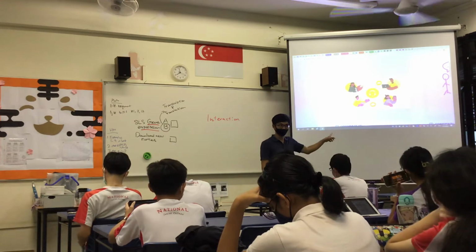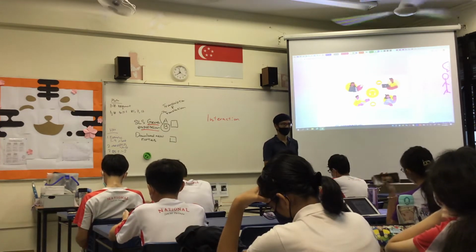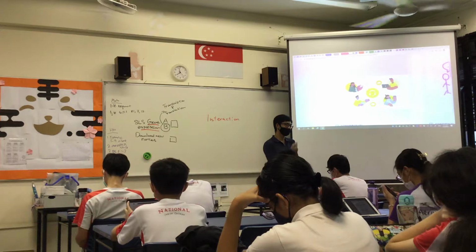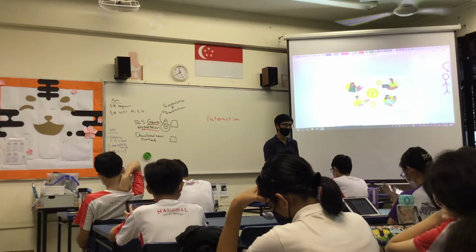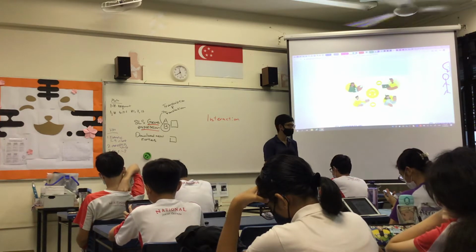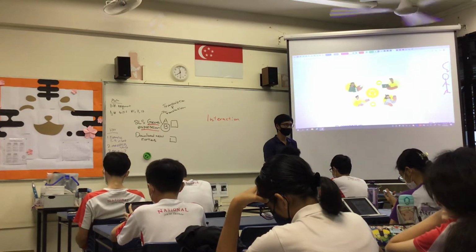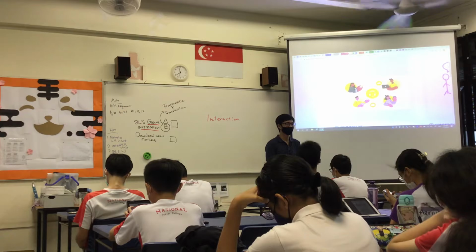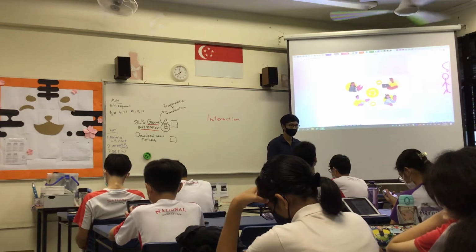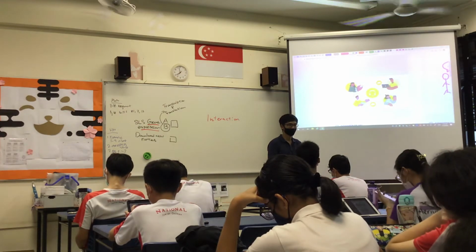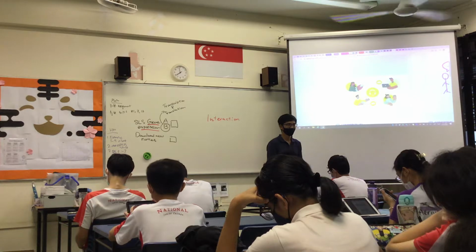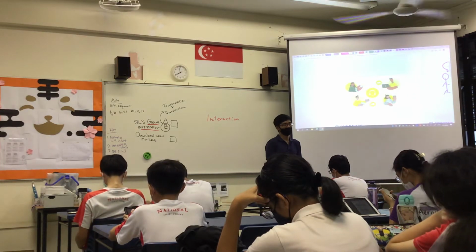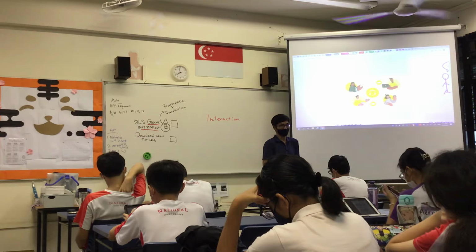Okay, this is your top search result. But you must have chosen it because it resonated with you in some way. How does this represent interaction to you? Okay, there are two or more people communicating, so there's an interaction.